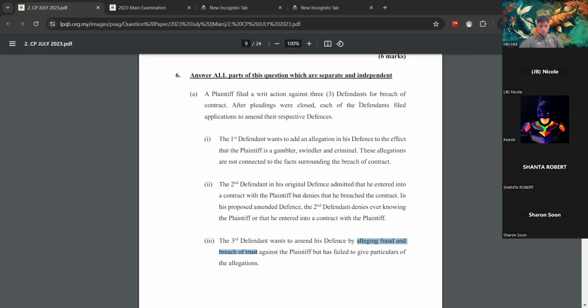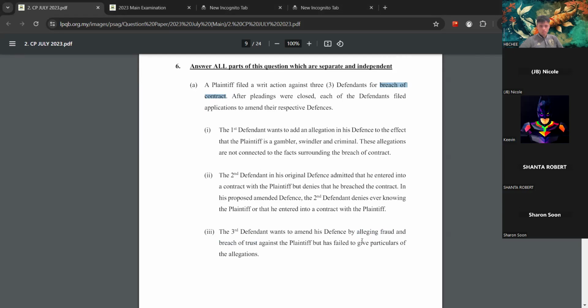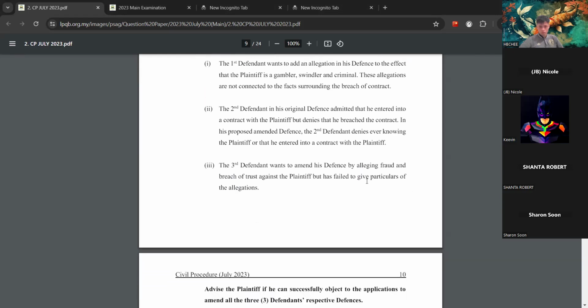Because you see, the matter is for breach of contract. But when you raise the allegation of breach of trust, it will be a different thing already. And some more, if you don't know how to address it, maybe you can rely on this ground: failure to give particulars of the allegations, because you cannot show what supports you to amend your pleading.